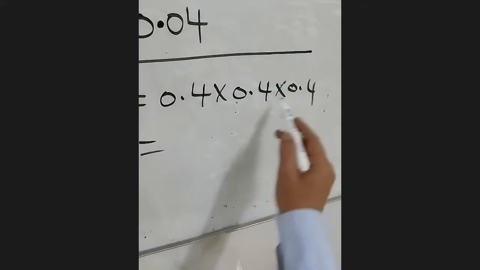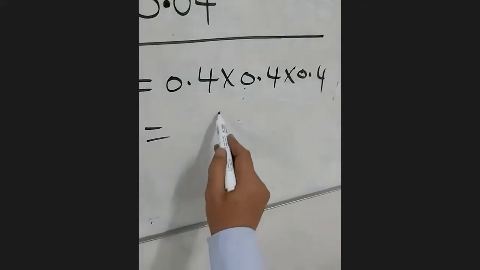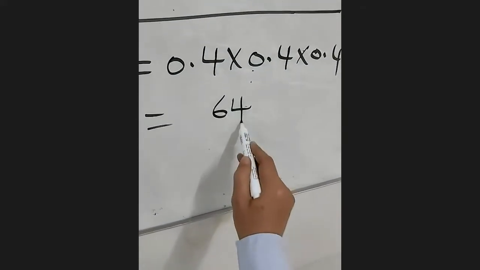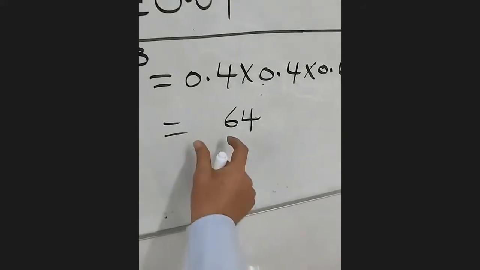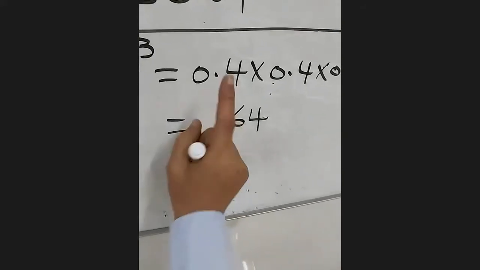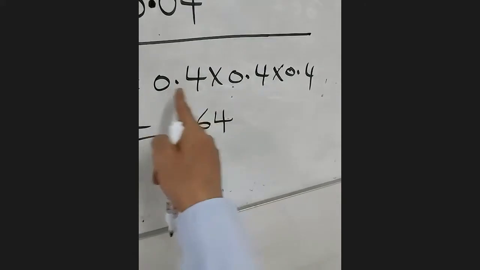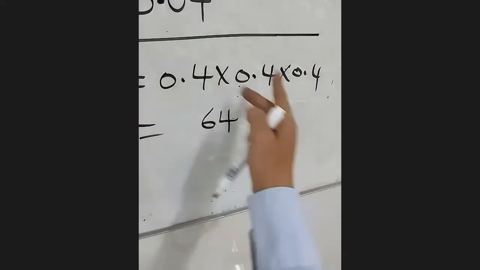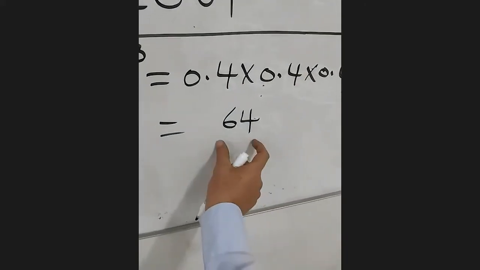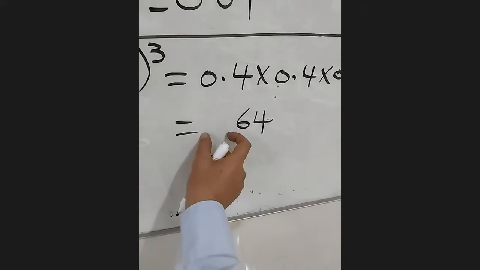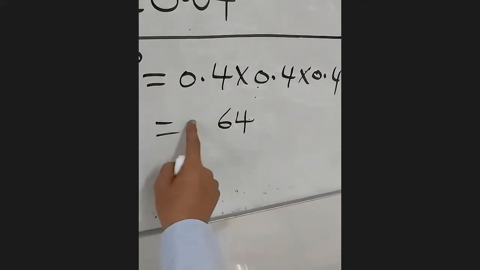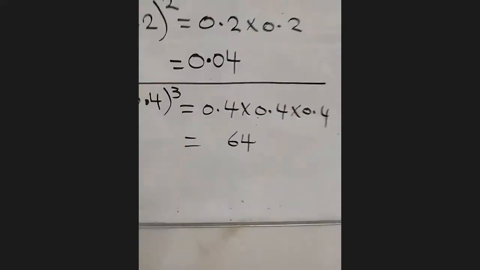So if you multiply the 3 fours, guys, without decimals, it will be 64. And look here, guys, I make a space after the equal, because if I need zeros, I will add them and be comfortable here.